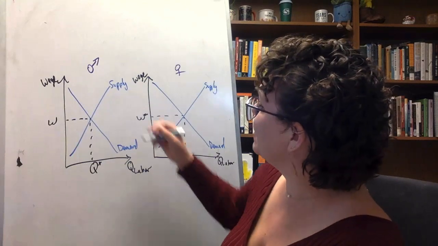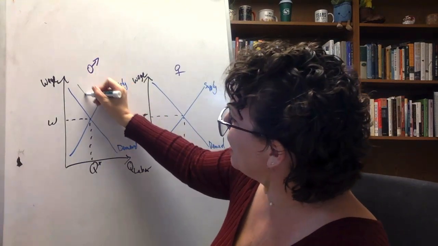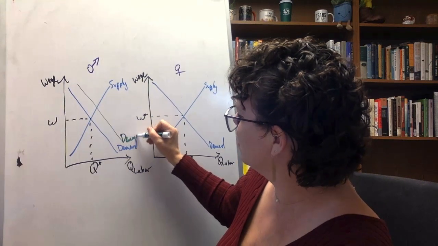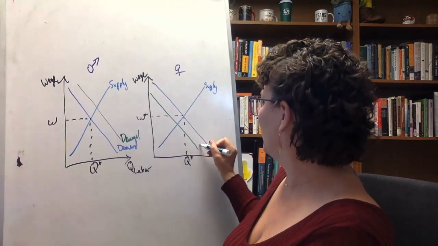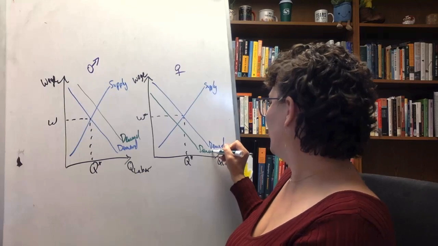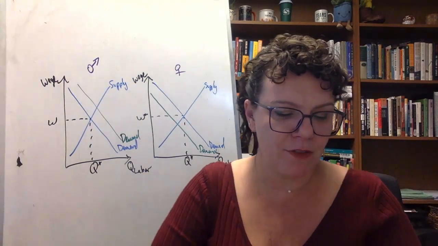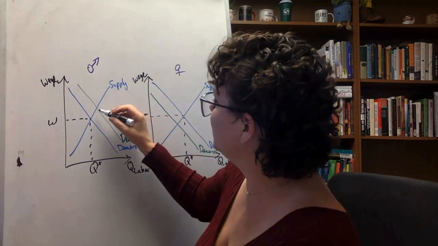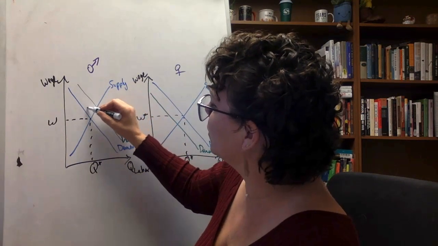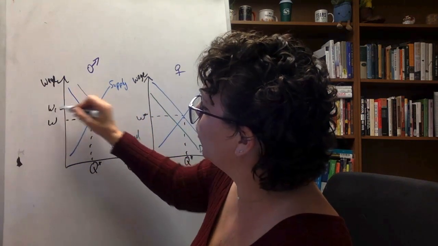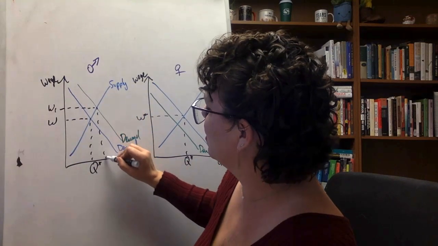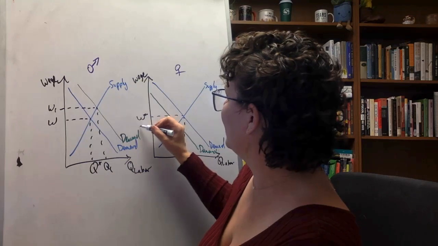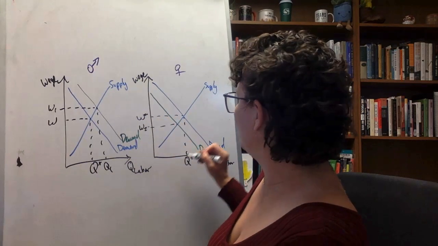And so what that means is he's going to demand more men and fewer women. I made it sound like Gary Becker is going to demand more men and fewer women. The discriminatory hirer, they're going to demand more male workers, and that's going to raise their wages and lower the wages of less in demand female workers.